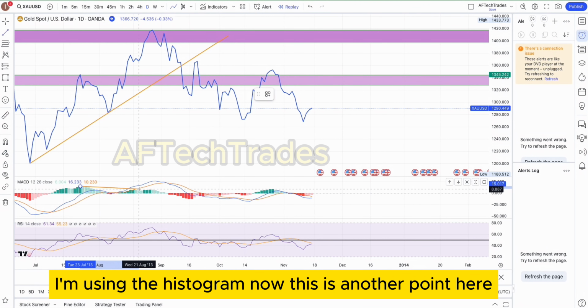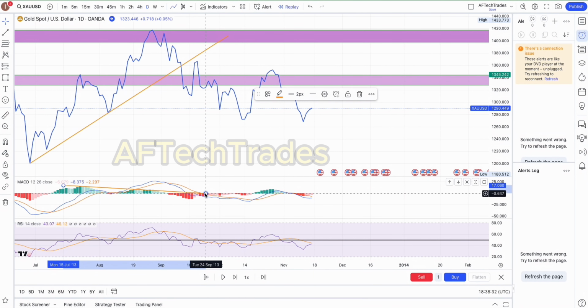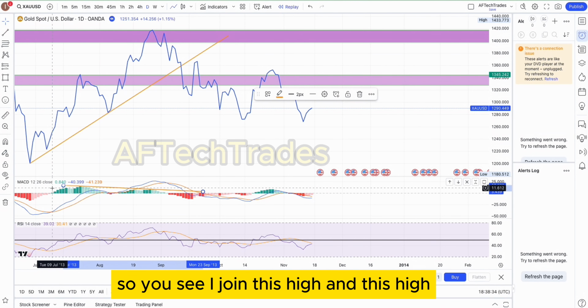Again, just like I showed earlier. Sorry, I'm not able to pick the MACD line. But you would understand what I'm trying to do here. Let me do this. Okay, good. Now I pick it. So you see, I joined this high and this high.